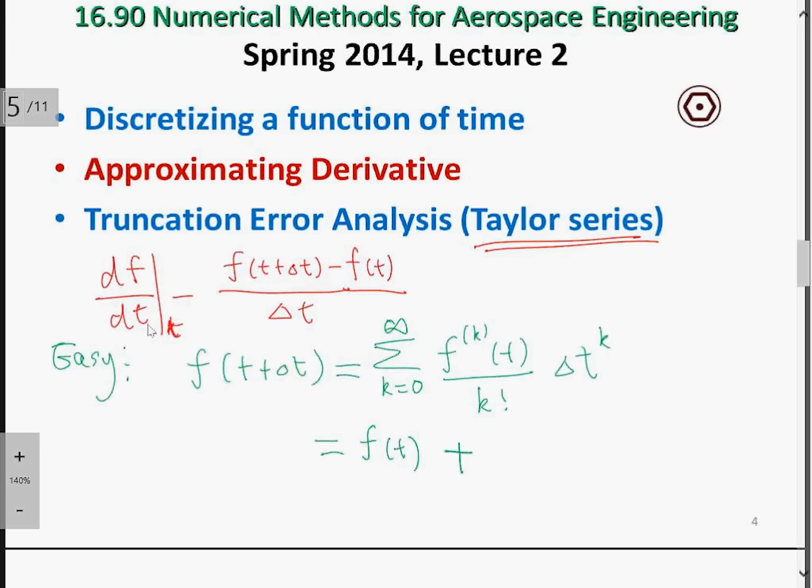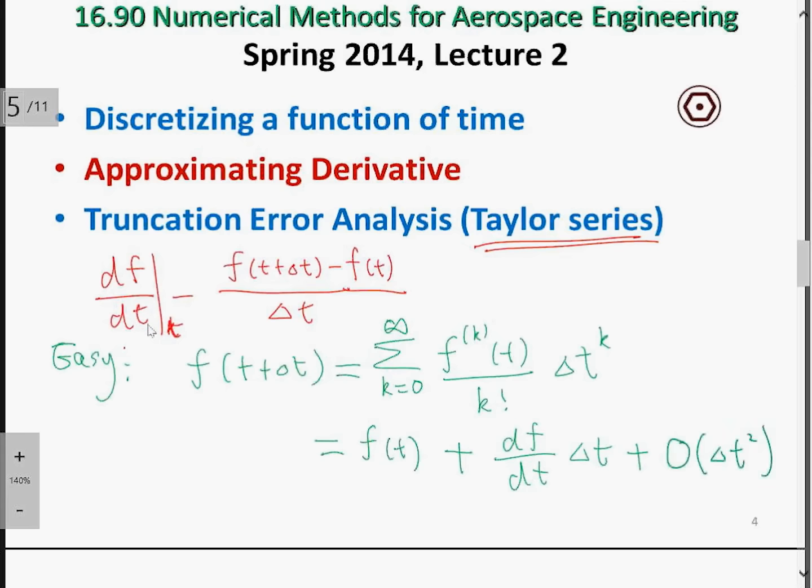Now let's do k equal to 1. The first derivative is df/dt. 1 factorial is 1 again, and delta t to the first is delta t. Anything above that has delta t to at least the second order, at least delta t squared. So I'm going to write all these terms as big O of delta t squared.